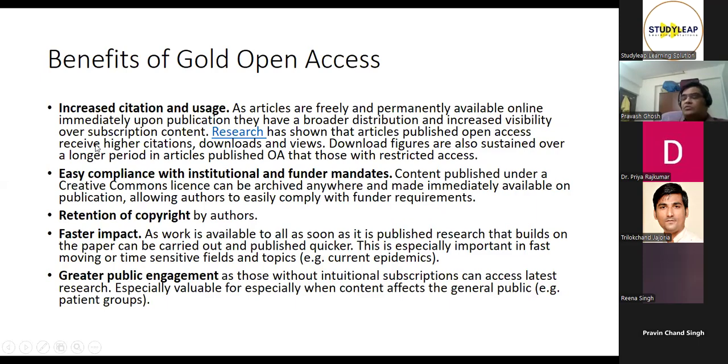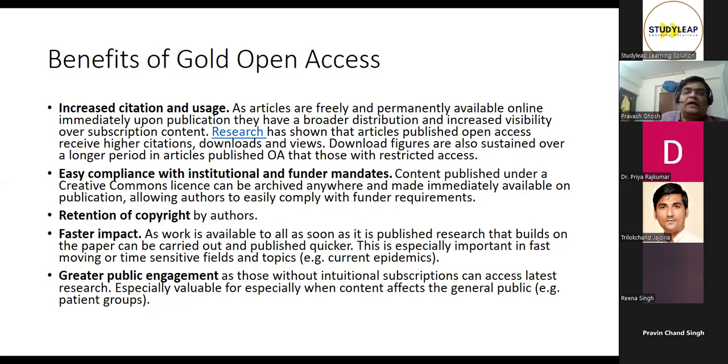Now see, what are the benefits of gold open access? Number one, increased citation and usage. As articles are freely and permanently available online immediately upon publication, they have a broader distribution and increased visibility over subscription content. You have published, but nobody knows you have published, right? So citation will not increase, nothing will happen.